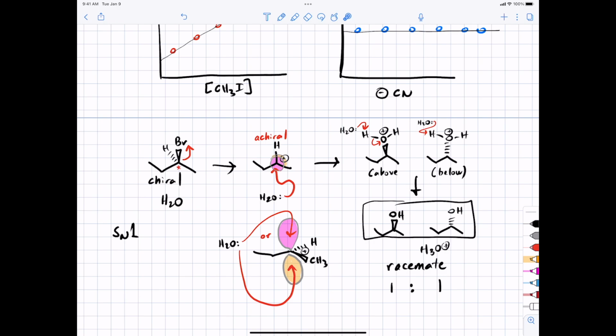Yeah. Is there any way, with a catalyst or some kind of thing, to make only one of those enantiomers? Yes, sort of.